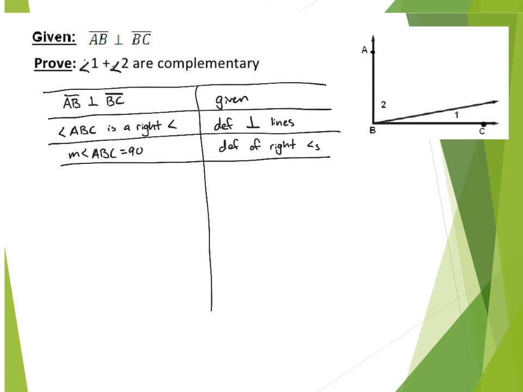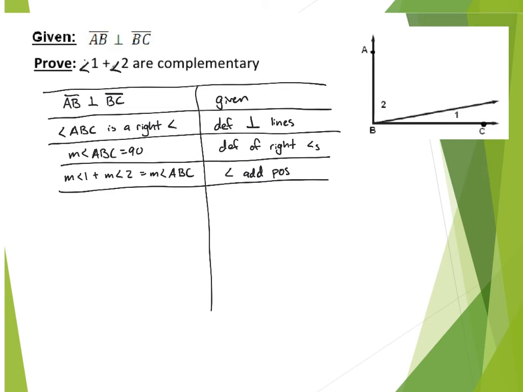So first thing I need to do is get angle 1 and angle 2 in my proof. I'm going to do that by using the angle addition postulate. So I have measure of angle 1 plus the measure of angle 2 is equal to the measure of angle ABC. And that's my angle addition postulate. Now I have measure of angle ABC.